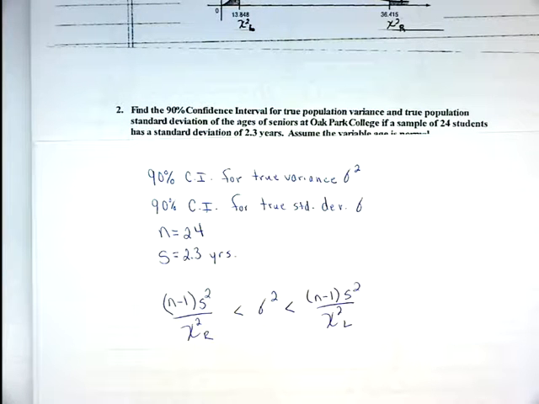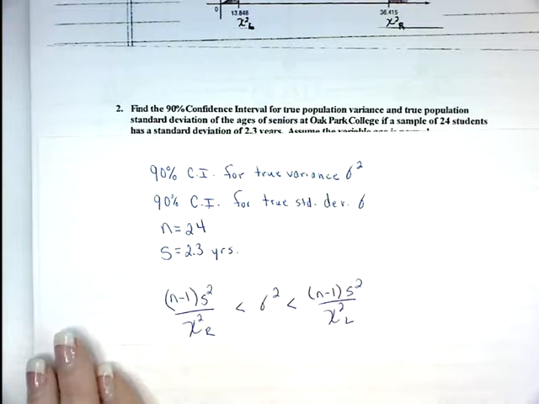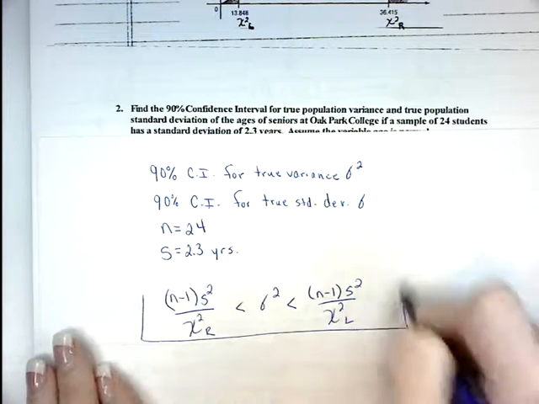Our sample standard deviation is 2.3. What we have to deal with is finding chi-square from the right and chi-square from the left. And that's what I want to do now. Let's work on the procedure to find those values, and then we'll go back and substitute into this formula.